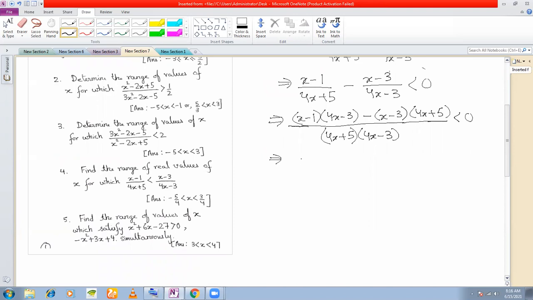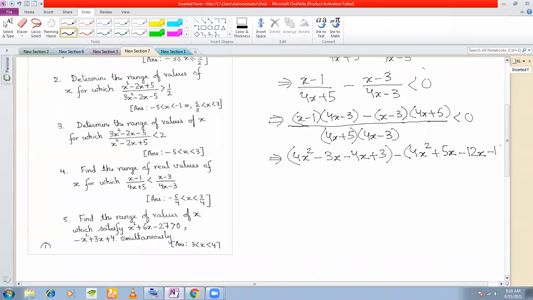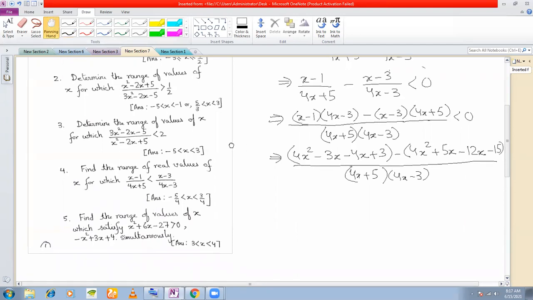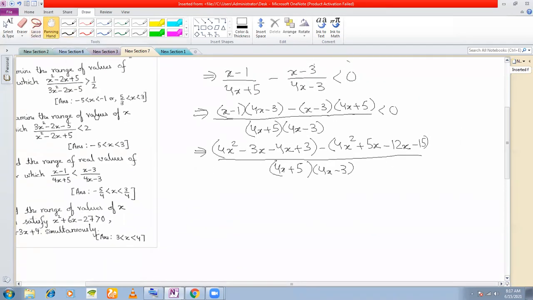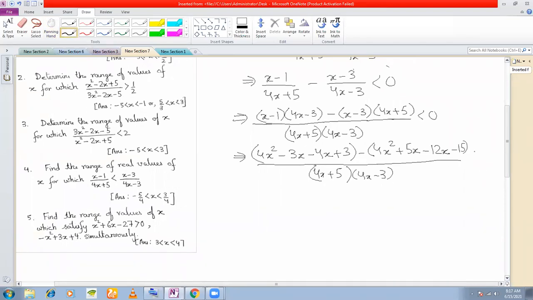So numerator you will have 4x square minus 3x minus 4x plus 3, minus, and here you have 4x square plus 5x minus 12x minus 15, whole divided by 4x plus 5 into 4x minus 3, is less than 0.